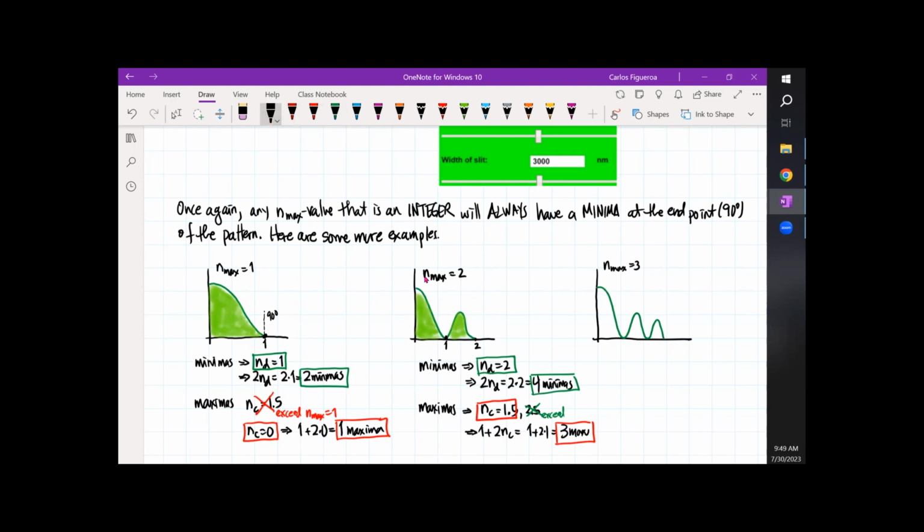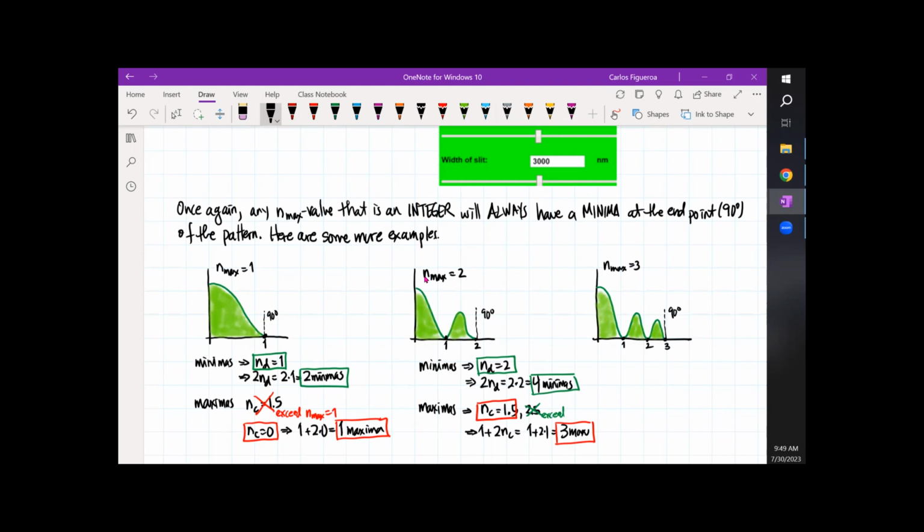And even though I didn't say this last time, this was at 90 degrees. This is at 90 degrees. So in other words, we know that this point is 1, 2, 3.